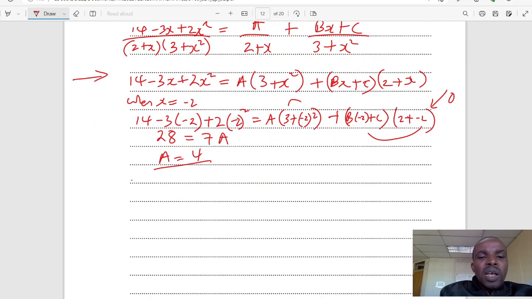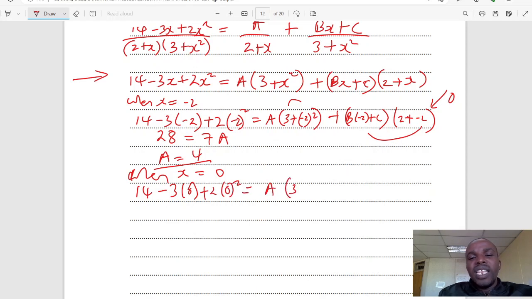Let me put that one. So I can say when x is equal to 0, then 14 minus 3 times 0, plus 2 times 0 squared, is equal to a times 3 plus 0 squared, plus b times 0 plus c, times 2 plus 0.